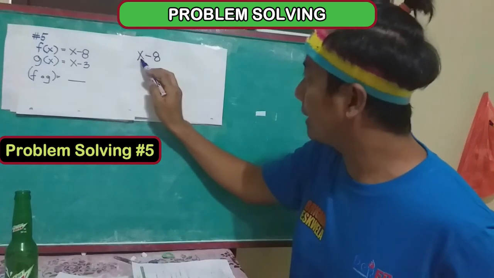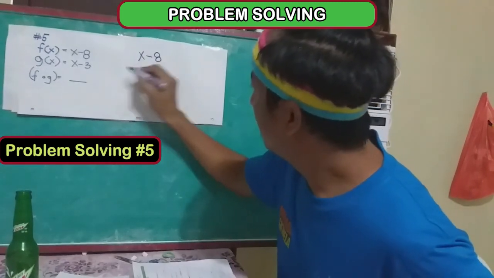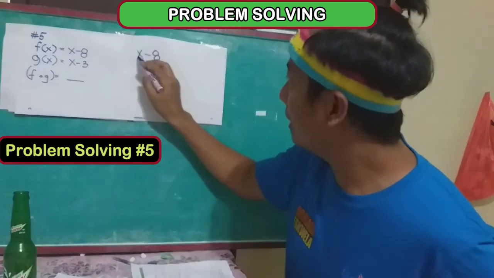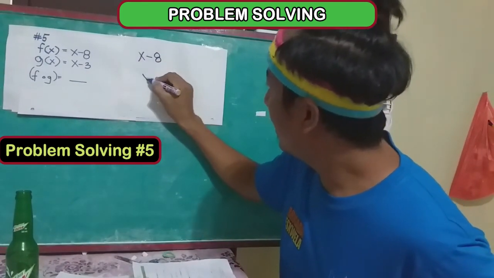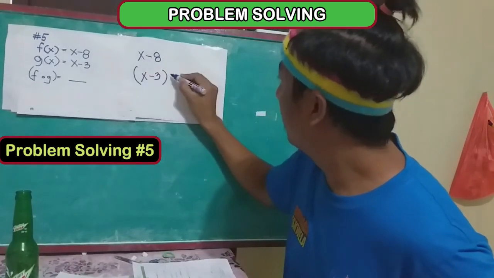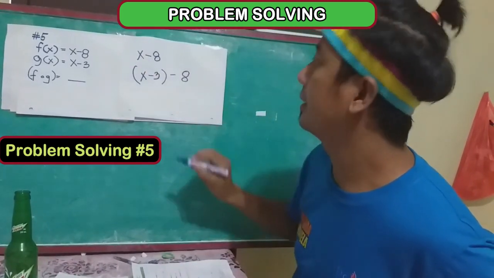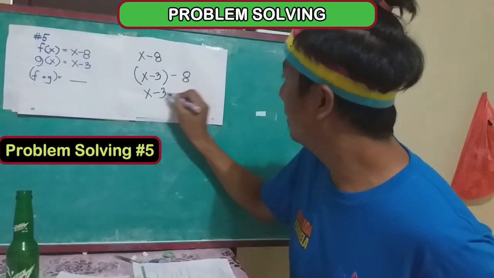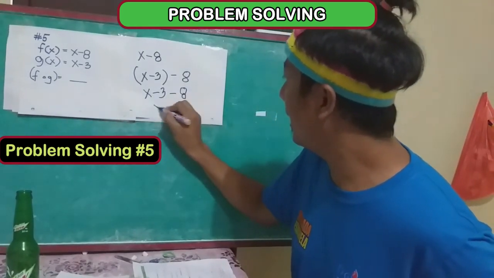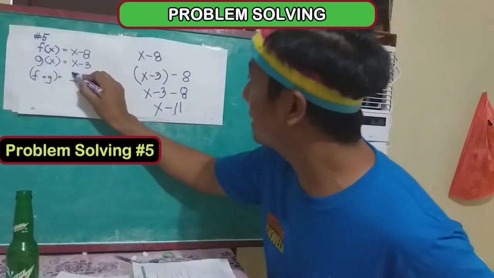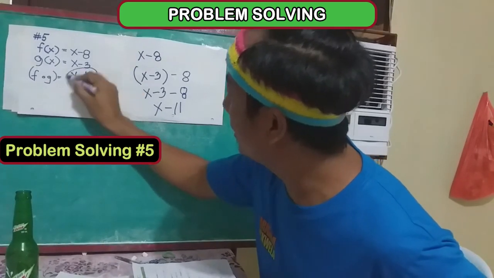So, papalitan natin itong x ng g, x minus 3. So, x minus 3 minus 8. Kaya, x minus 11. So, f of g is equal to x minus 11. Yan po yung sagot natin.